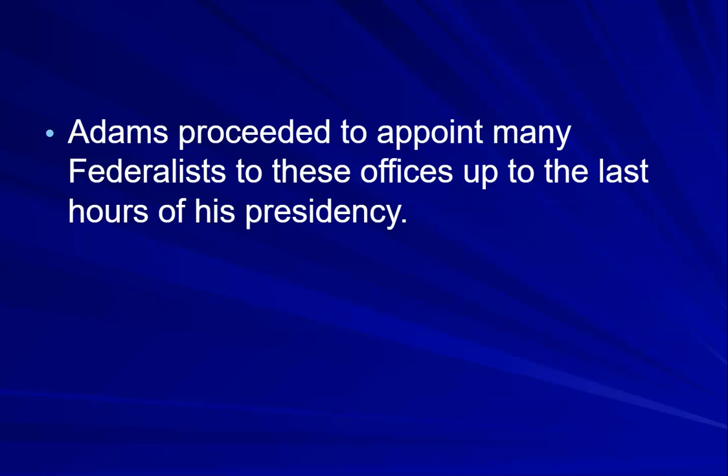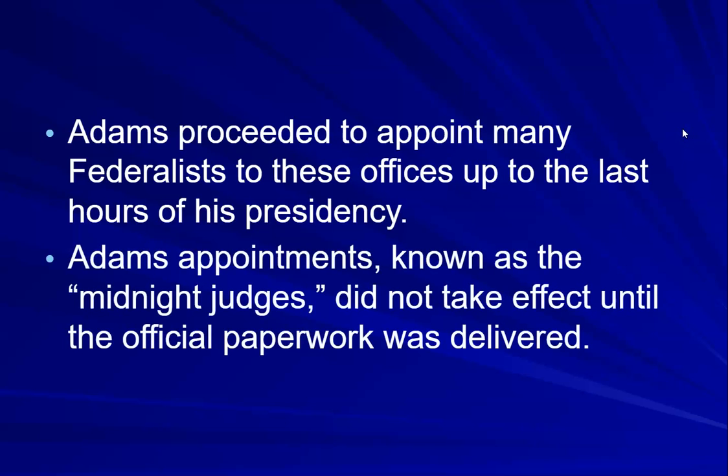Now, Adams proceeded to appoint as many Federalists to these offices up to the last hours of his presidency. Once he and the other Federalists realized they no longer had control of the presidency or Congress, they wanted to make sure they had as many judges to rule the way they wanted to for as long as possible. Adams' appointments became known as the Midnight Judges because he was working up into the midnight hours.